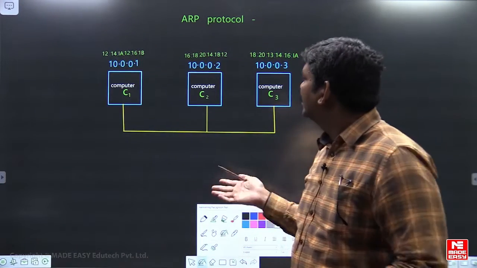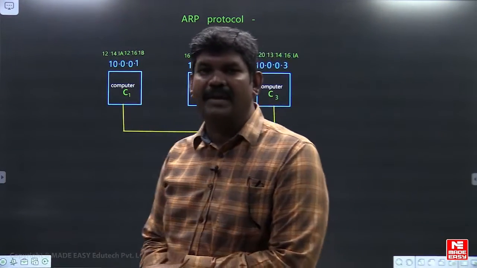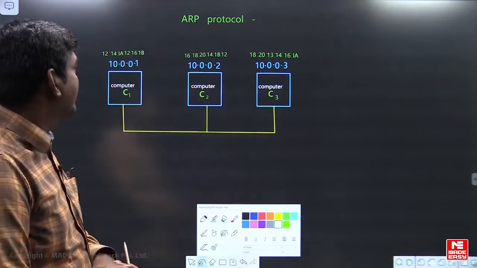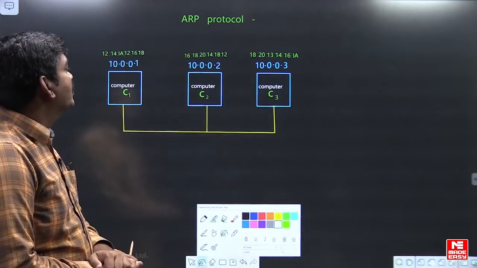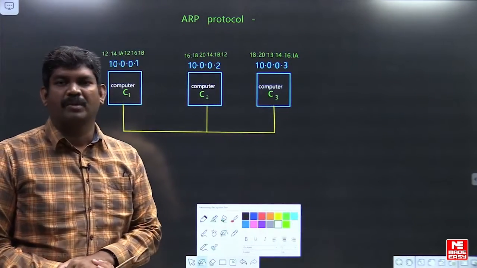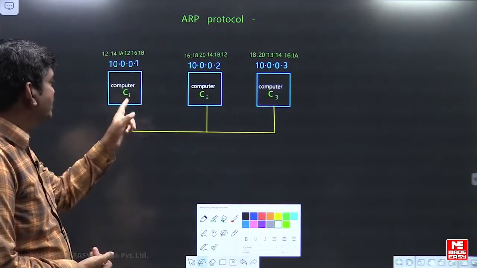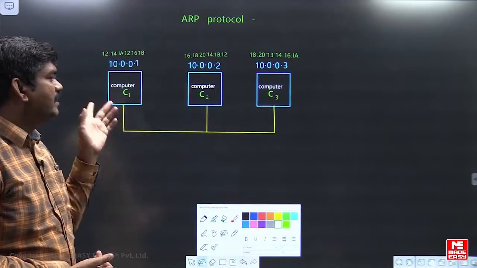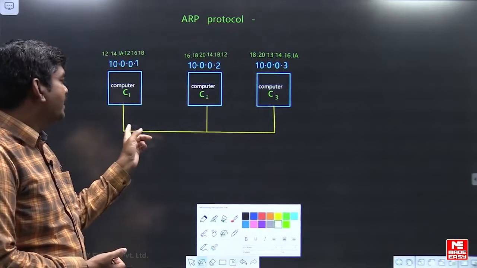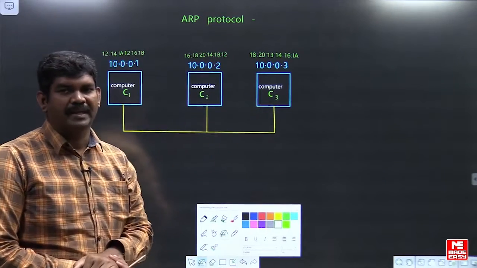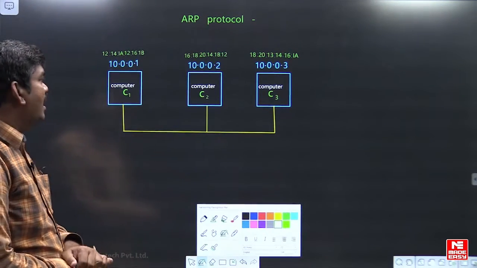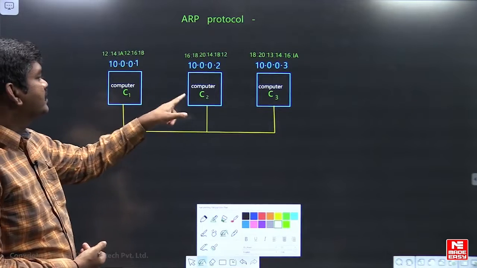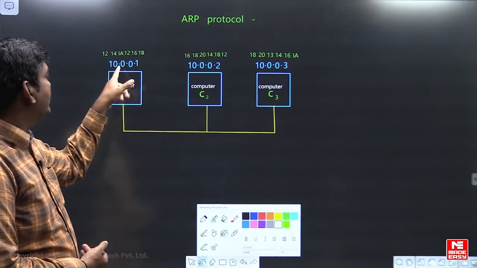Basically you can see in this particular diagram, whatever I have taken, it is the ARP protocol, that is the Address Resolution Protocol which I am discussing. These three computers are connected in a single LAN. You can call it the bus topology. In a single LAN they are connected, and computers C1, C2 and C3 have IP addresses assigned.